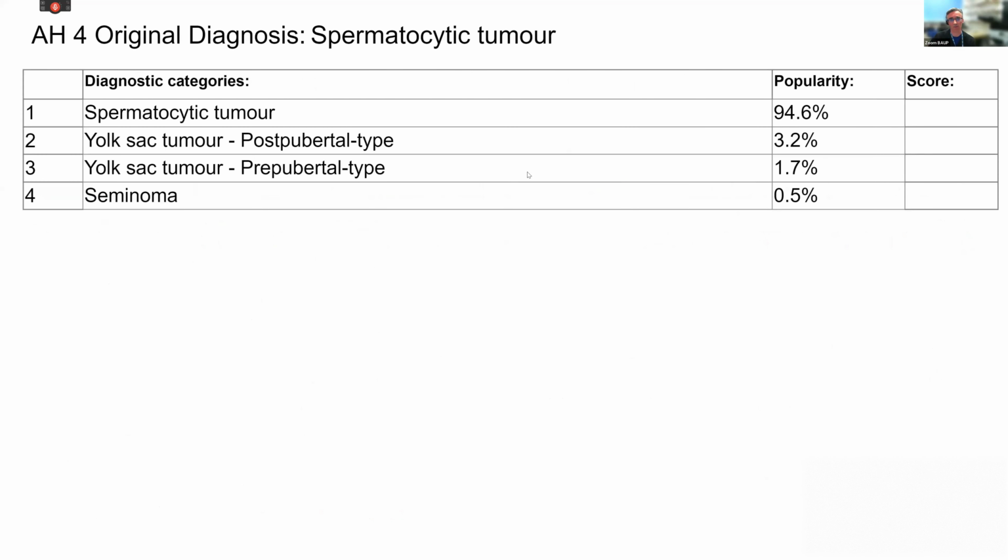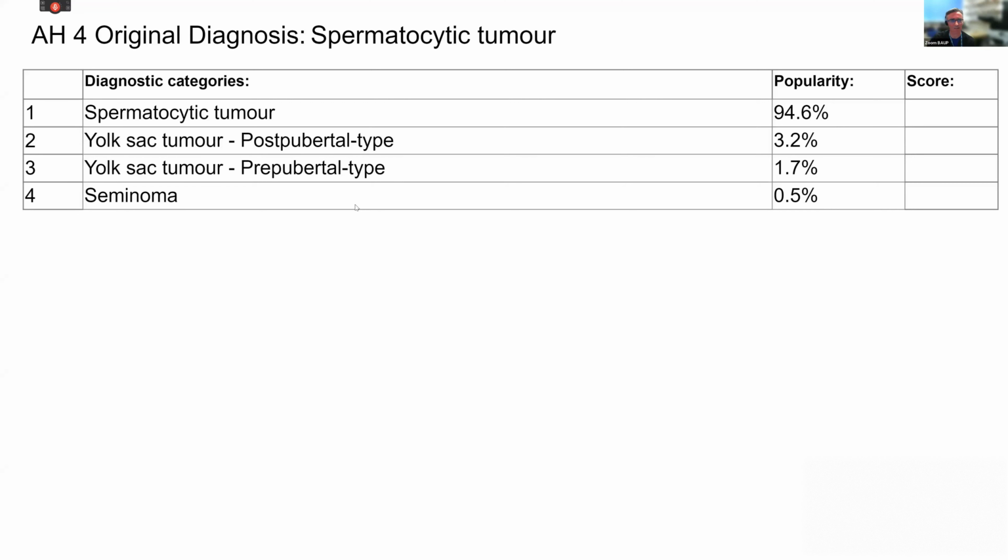So these were the diagnostic categories. Most people going for spermatocytic tumor, which I think is the correct diagnosis, that would score 1. But there's about 20, 25 people thinking it was something else. So post-pubertal type, again, the more edematous areas perhaps may have led people down that diagnosis.